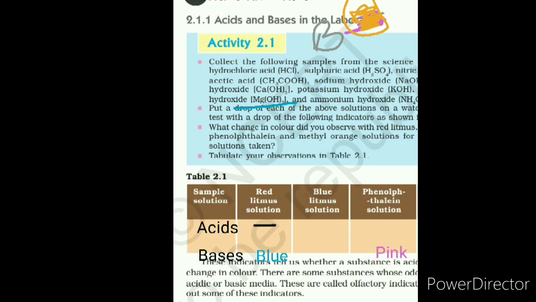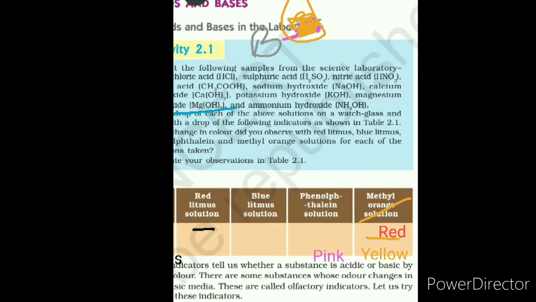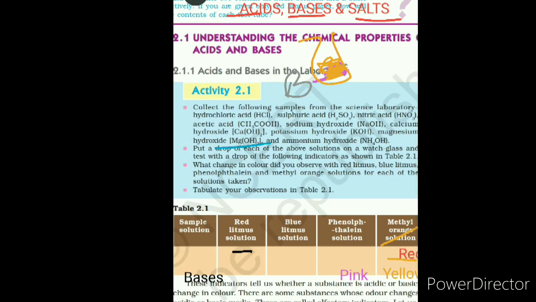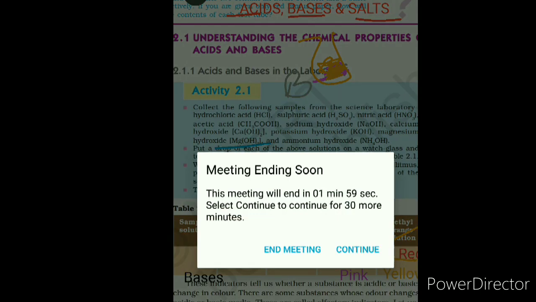Red litmus paper changes to blue when a base is added. That means in the presence of base, red litmus turns blue, and acid turns blue litmus red. Similarly, phenolphthalein added to acids gives no color change, it stays colorless.